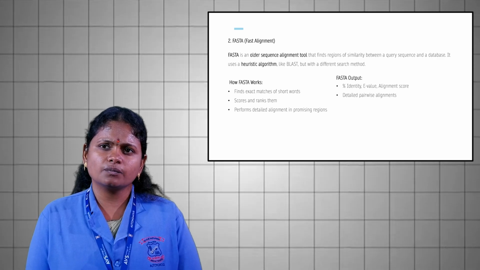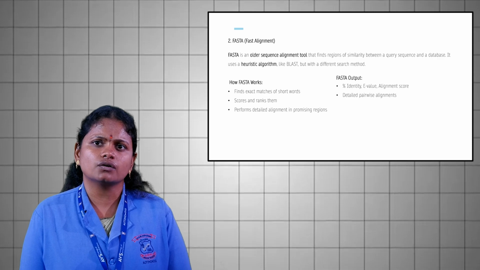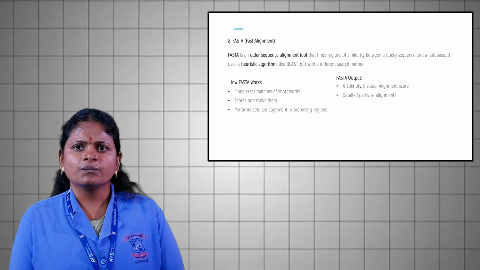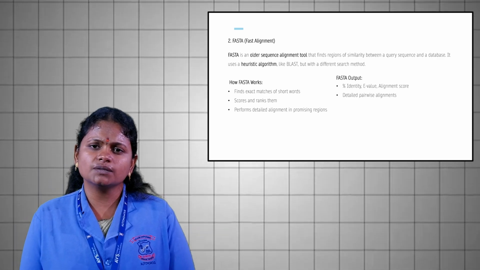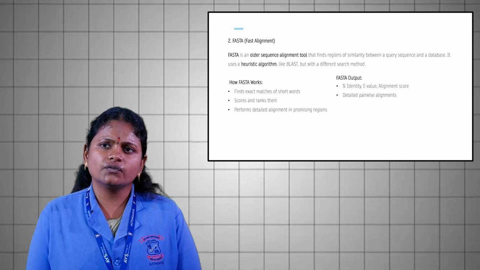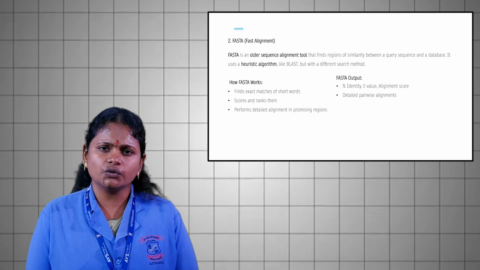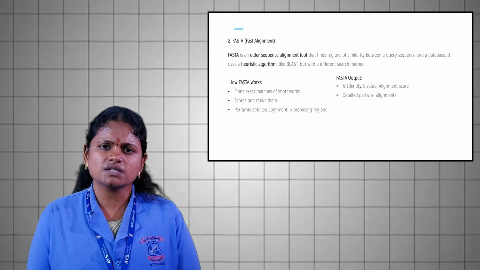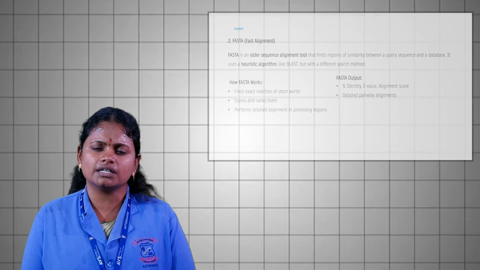A different method using FASTA works with short words, alignment and promising regions. FASTA outputs percentage identity, e-value, alignment and database pairwise alignment and arrangement.